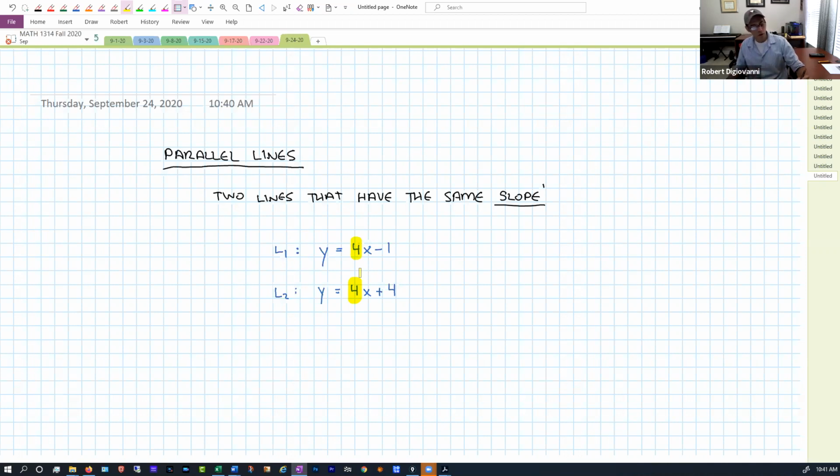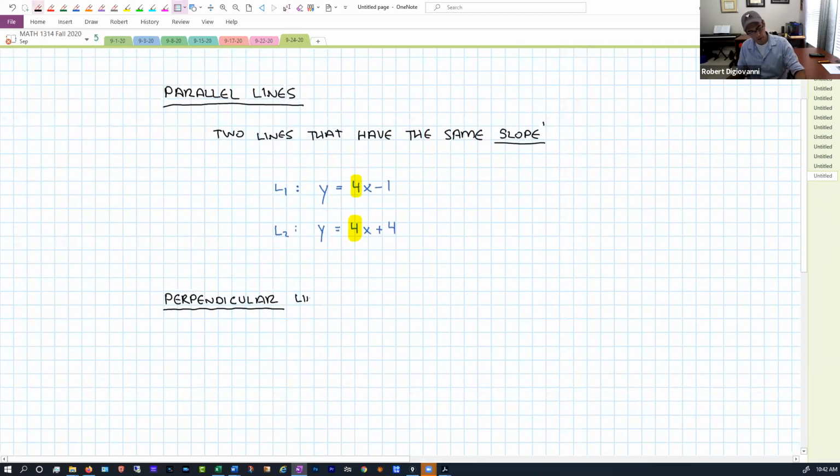Okay. What about perpendicular? We heard that before. Two lines are perpendicular. If you were to try and explain what perpendicular means to somebody, it's not as easy as parallel. That's two lines that hit at a perfect cross, right?